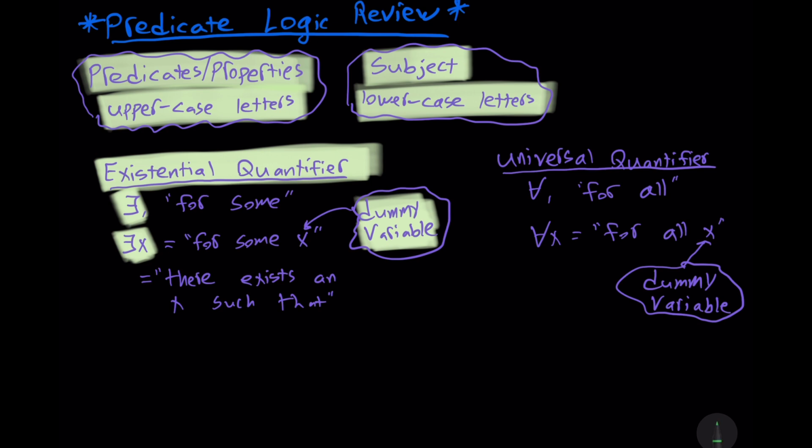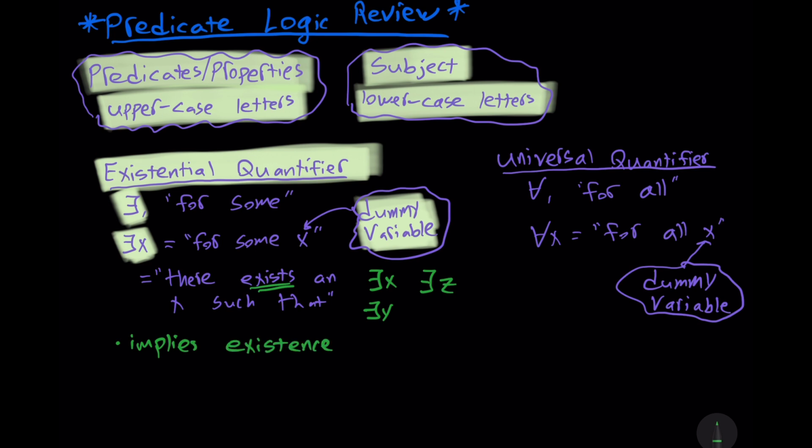And in this sense, if I say there exists an x such that, or there exists a y such that, or there exists a z such that, x, y, and z are interchangeable. They say the same thing, really. And usually we just use the letters x, y, or z for dummy variables. Moreover, with the existential quantifier, we apply existence. So this implies existence.